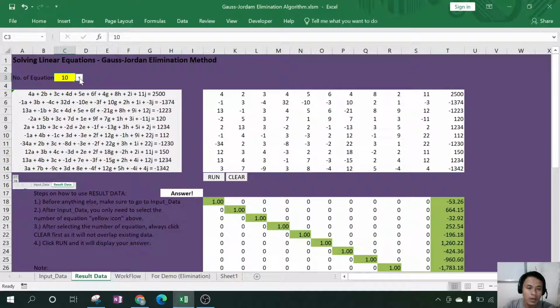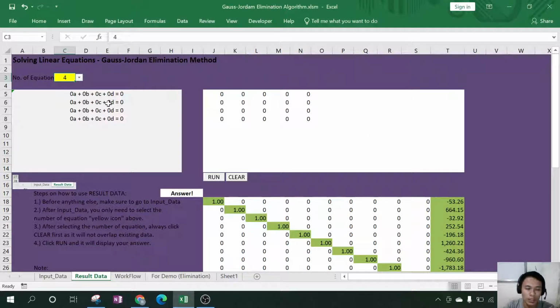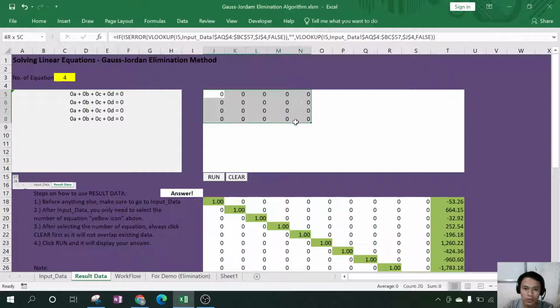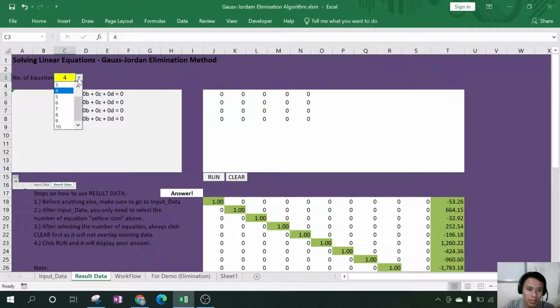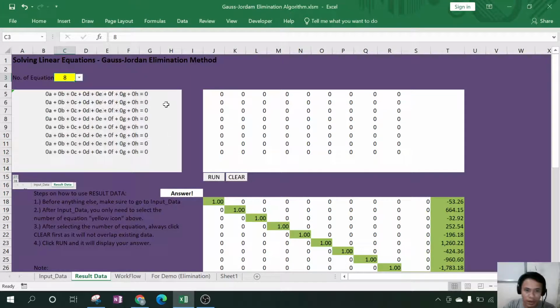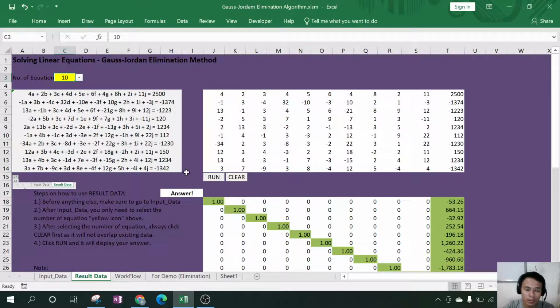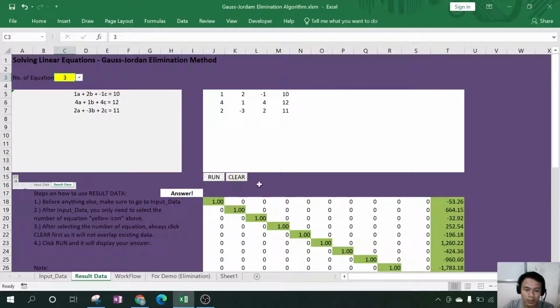In our example, which I have already inputted, which is the 10 by 10, if we select 4, which I do not have an input for, it will show you 0. For 3, I have inputted 3, so here it will show. For another one, 8, I don't have input there, so let's use 10. Or first, number 3.